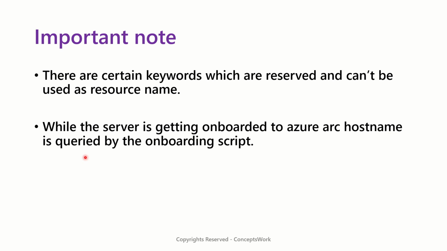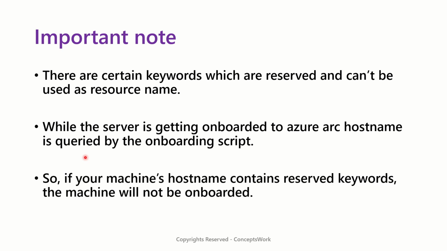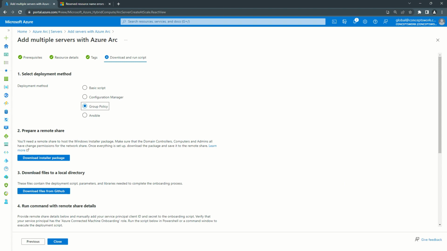Okay, and then the host name is used as a resource name right after the resource type. So if your machine has a host name which is one of the reserved keywords, then your machine will not be onboarded and you will get an error on Azure portal as well as on the device.